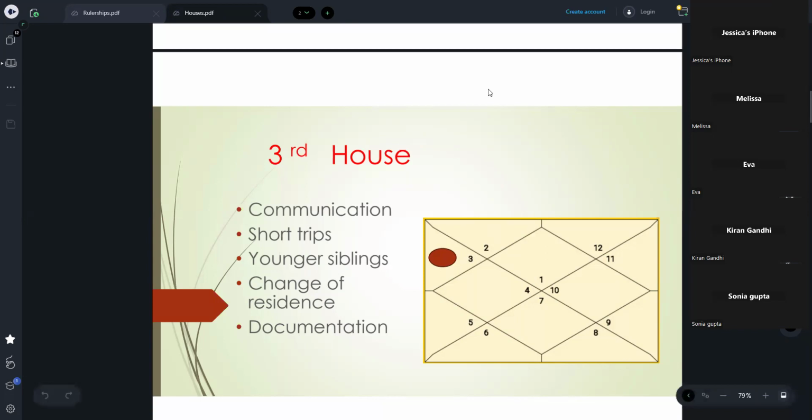And what you communicate is going to be seen in your third house. The third house shows communication. It also shows documentation, because documentation is also a form of communication. Okay.